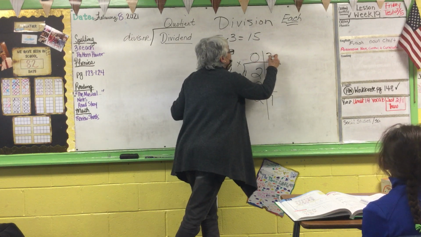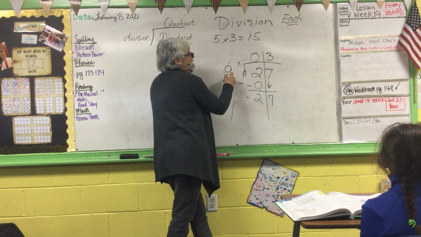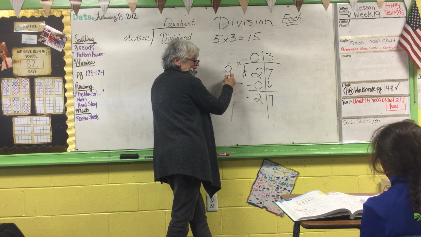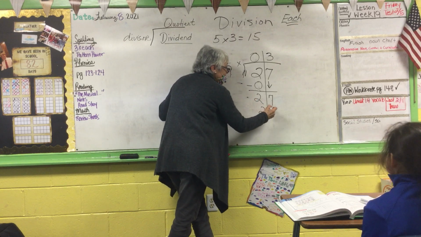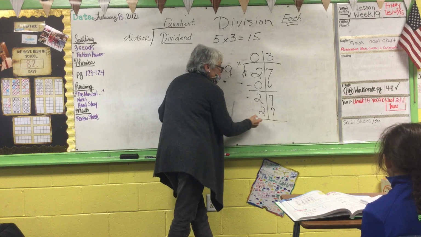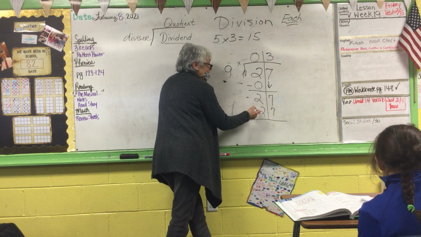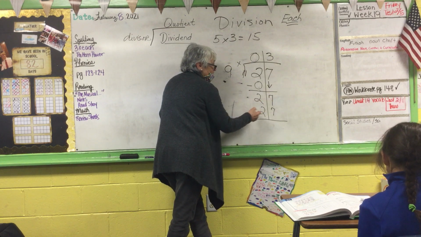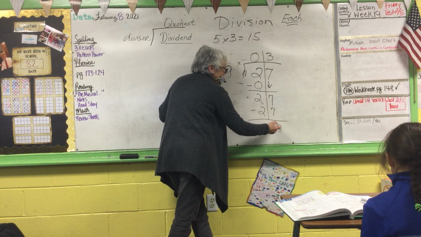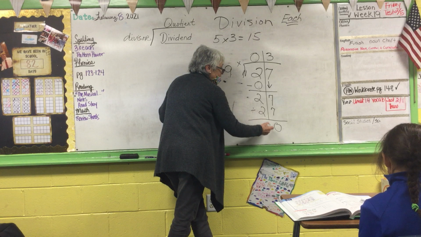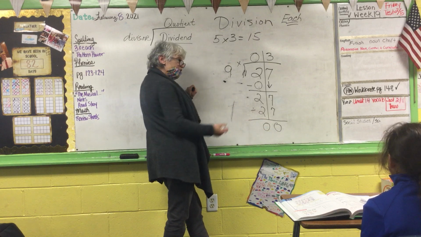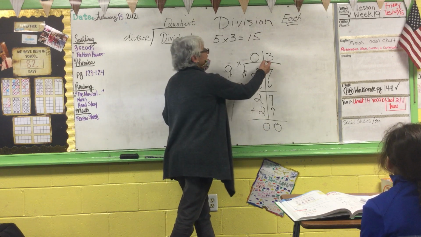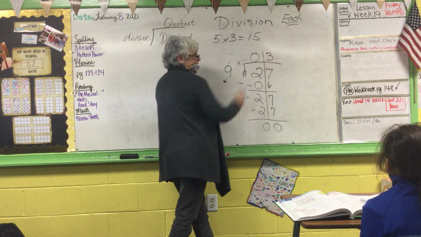There's our 3. 3 times 9 is 27. Draw your line. Subtract it out. 7 take away 7 is nothing, and 2 take away 2. Do we have a remainder? No. So what is our answer? 3.